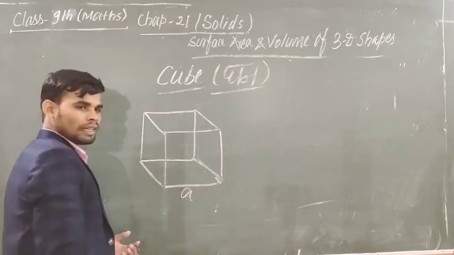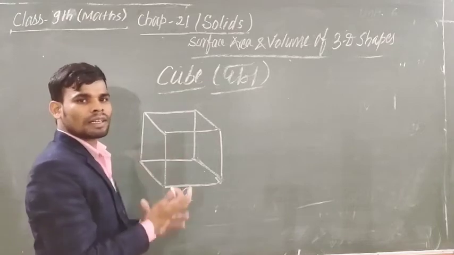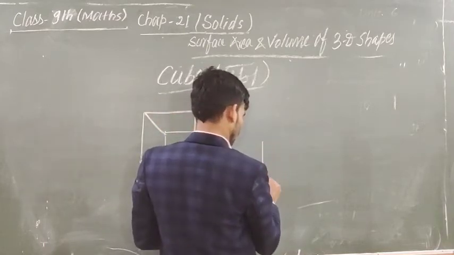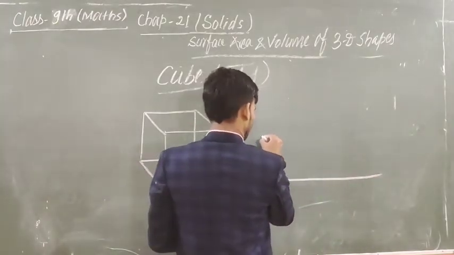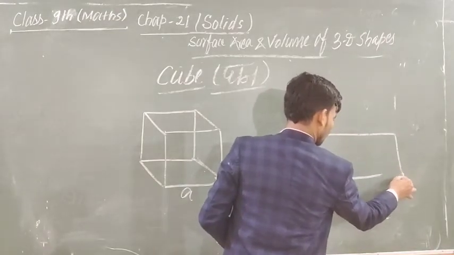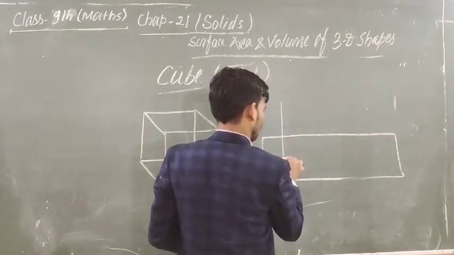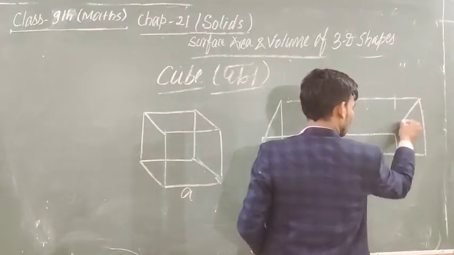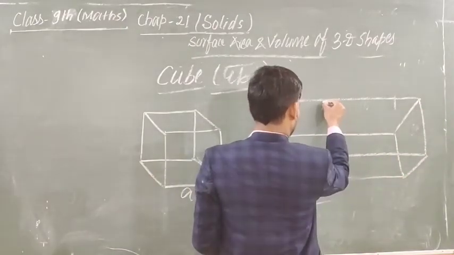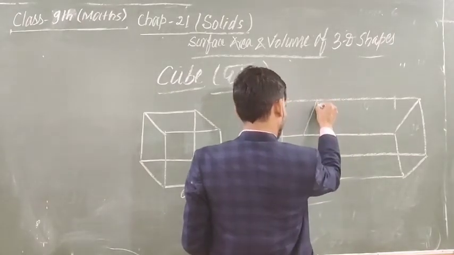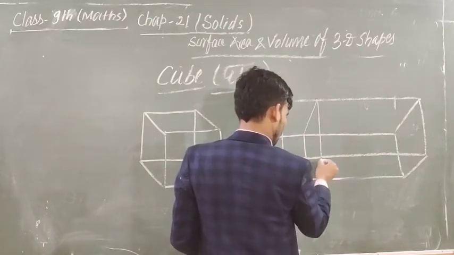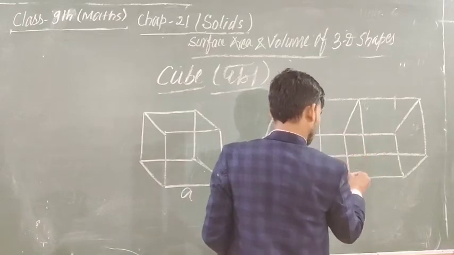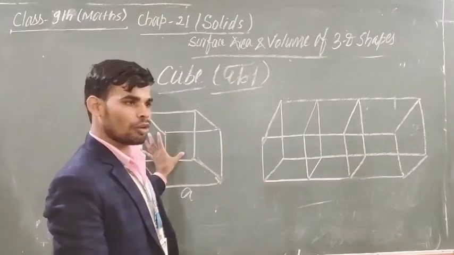If we connect 3 such cubes to form a cuboid, what will its dimensions be? So when you join 3 such cubes, it will be in the shape of a cuboid.